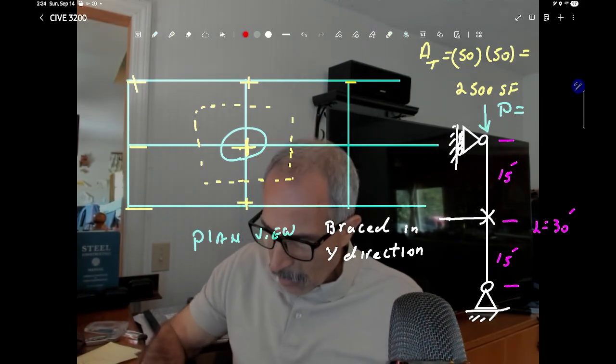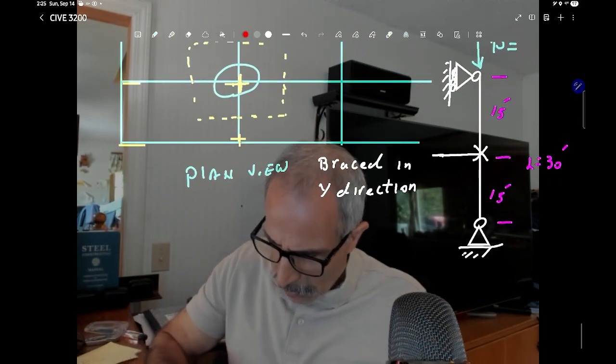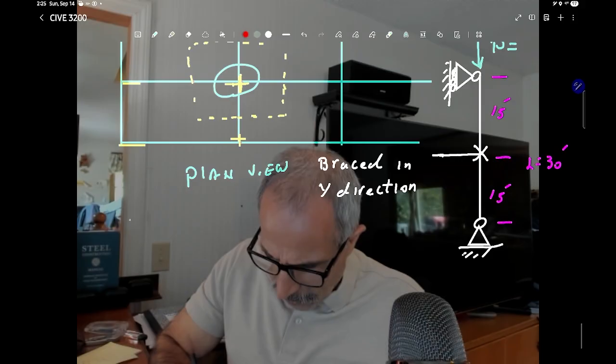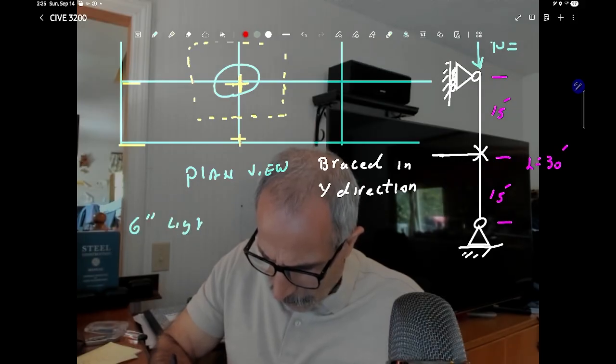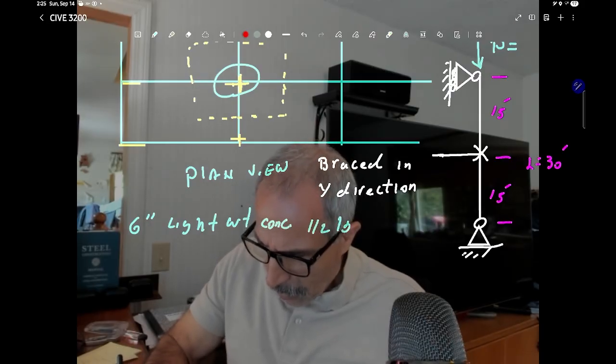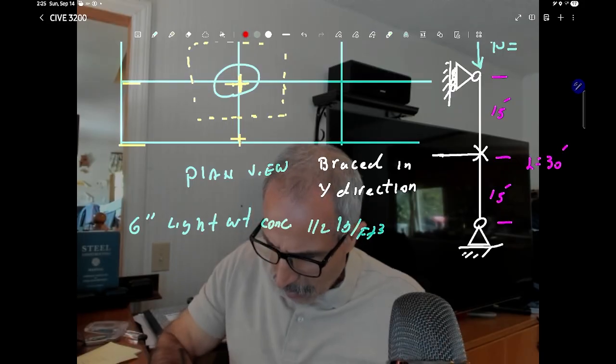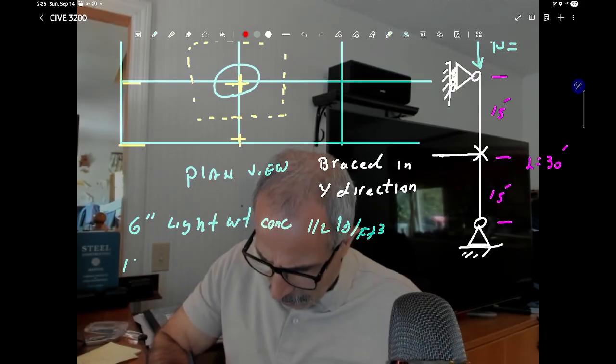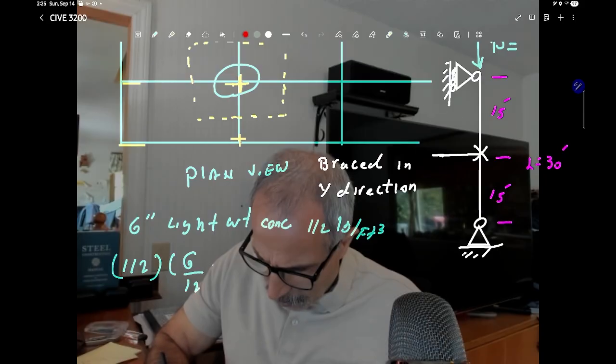Let's calculate the dead load, being 6-inch lightweight concrete, 112 pounds per cubic foot. So that would be 112 times 6 divided by 12.